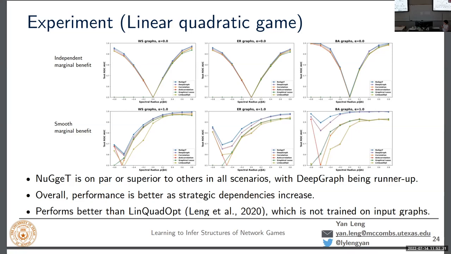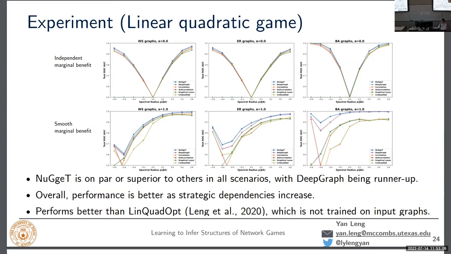For the independent marginal benefit, it's very clear that the performance is much better when structural dependency increases. We see that our method performs on par or superior to all other methods, with deep graph being the runner-up. What is interesting here is that this performance is even better than our previous paper, where we know the actual game theoretic function.